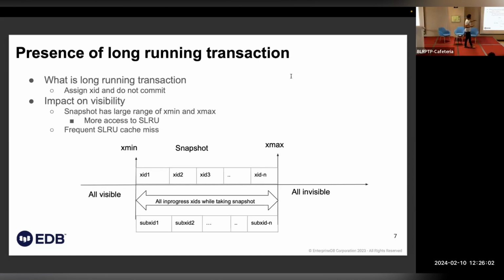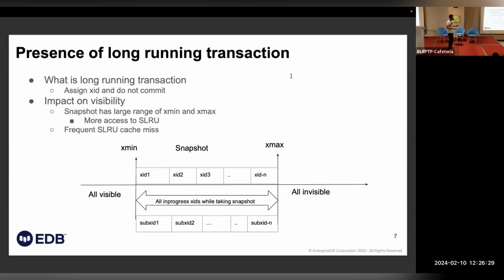In the first slide, we discussed what a snapshot is. A snapshot is the bounded array of XIDs between the XMIN and XMAX. XMIN is the oldest transaction ID which is running. So if you are saying long-running transaction, it means the oldest transaction ID goes very old in the past, right? So if the oldest transaction ID goes very old in the past, the range of XIDs between that oldest XID and the current XID becomes very big.